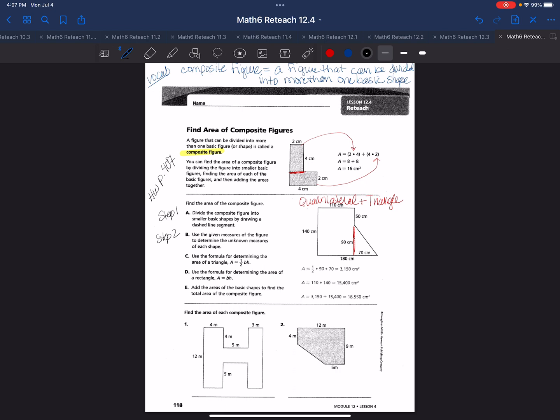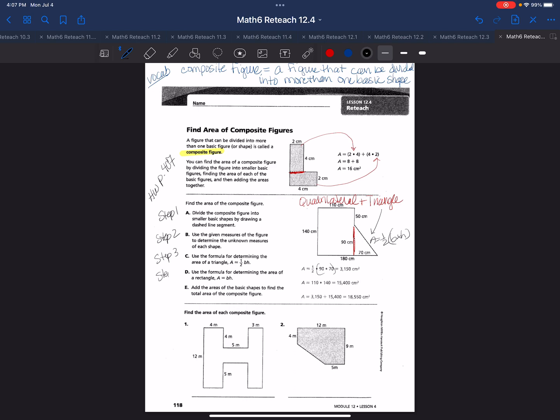Use the formula for determining the area of a triangle. Okay, so we know that we're trying to find the area of the triangle here, so that would be 1/2 base times height. So they did 1/2 times 90 times 70, which is 3,150 centimeters squared.